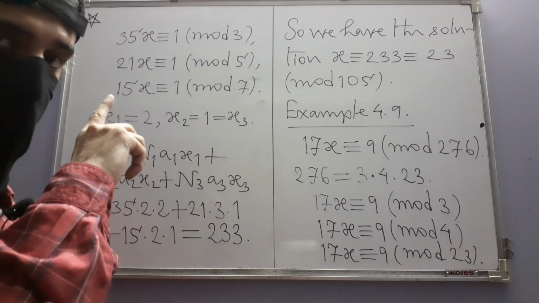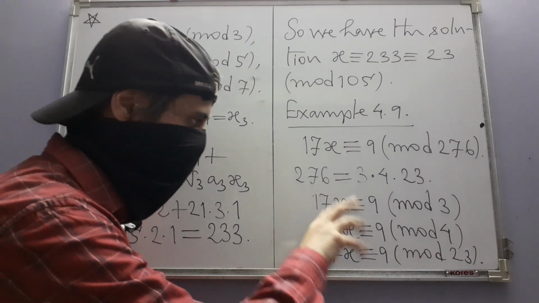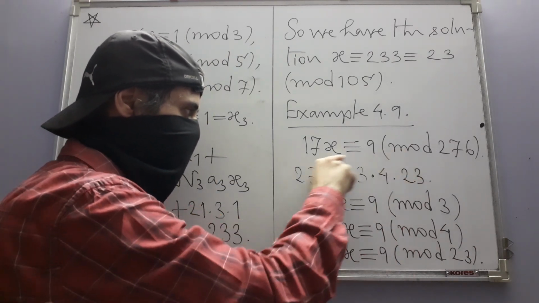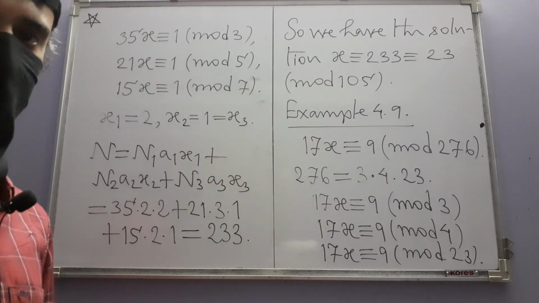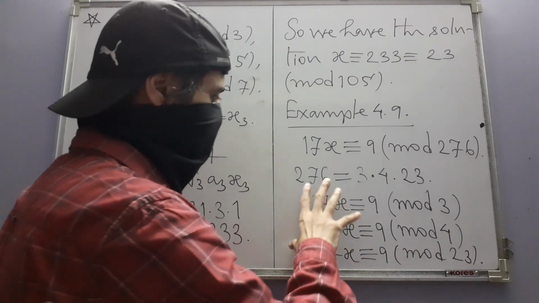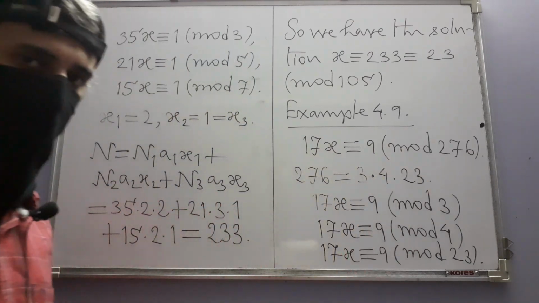But then you can use that corollary 2 theorem 2.4 and combine the moduli to conclude that 17x minus 9 is also divisible by 276. That's why whether you solve this one or you solve this system, they are the same thing.